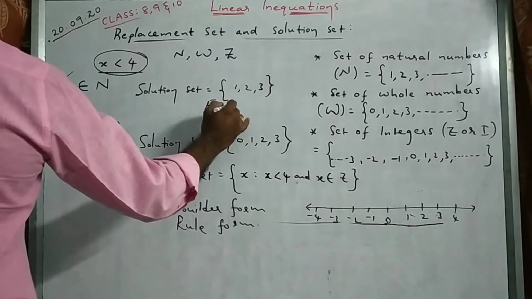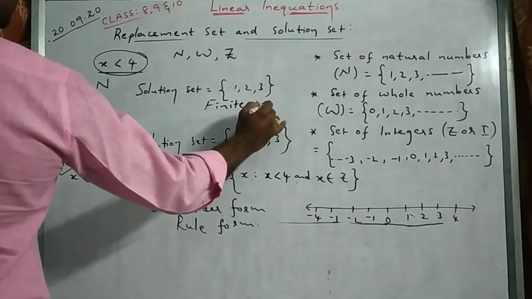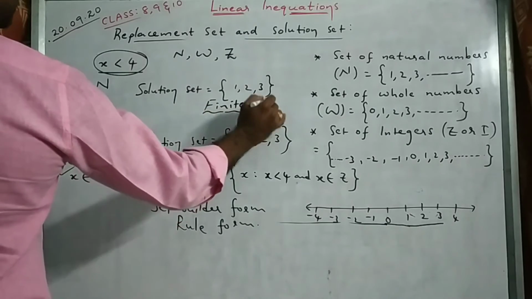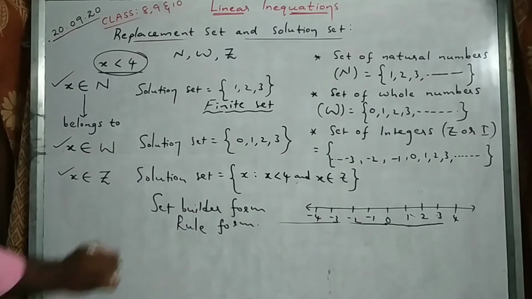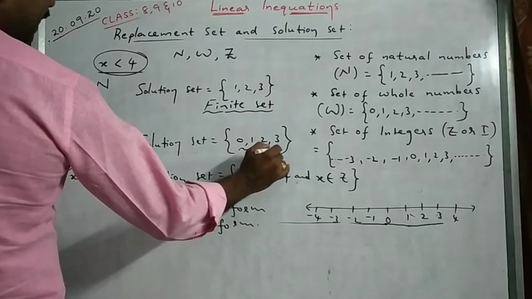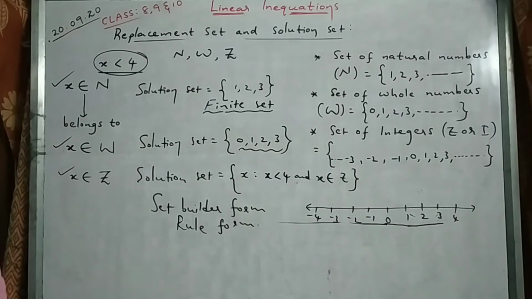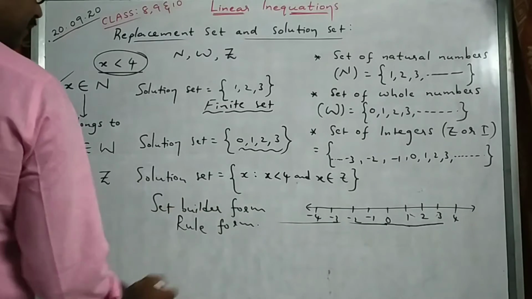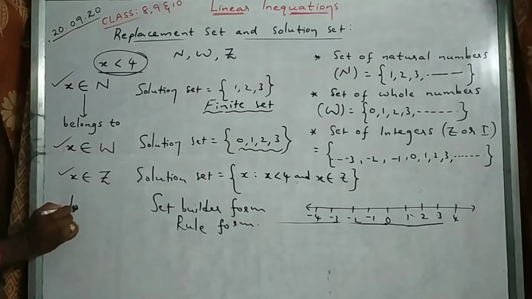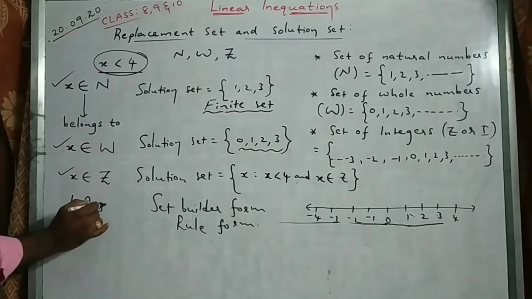Finite set. Why did I say finite set? Because a countable number of elements are there. For example, this is also a finite set only, because we are able to count the number of elements. So that is also a finite set. But this is an infinite set. Why? Can you count the number of elements in the set?